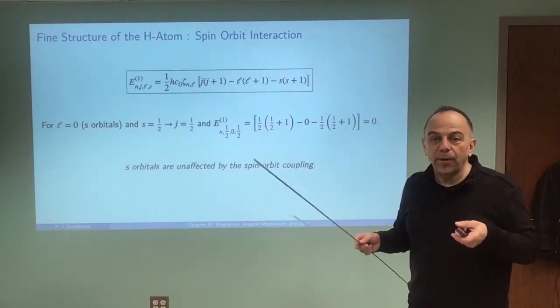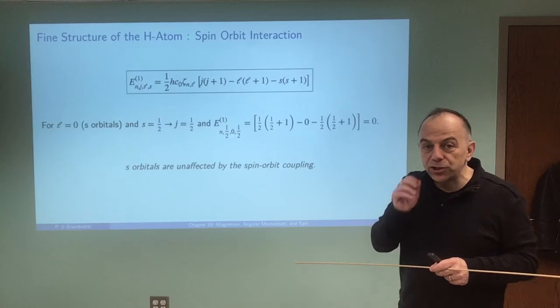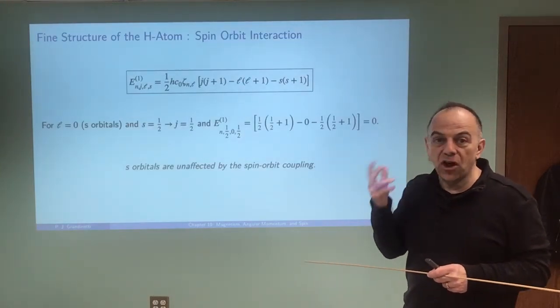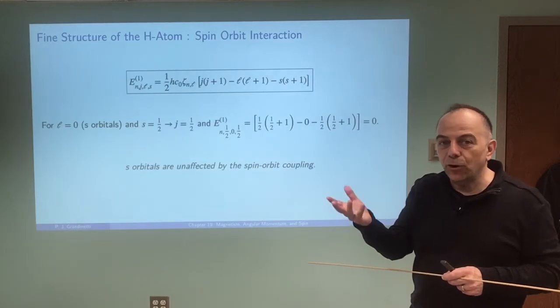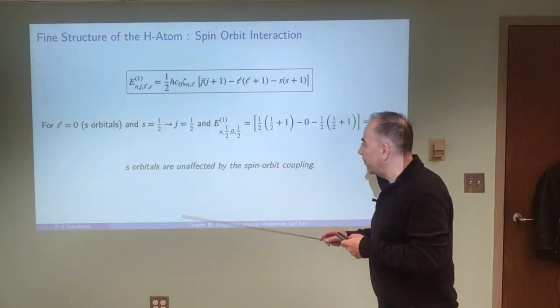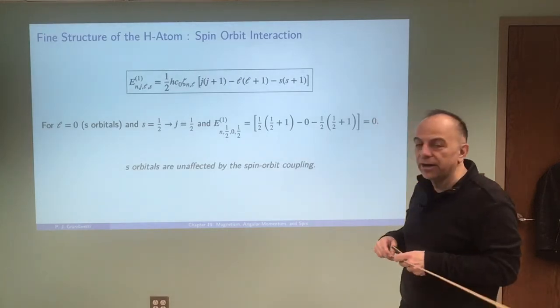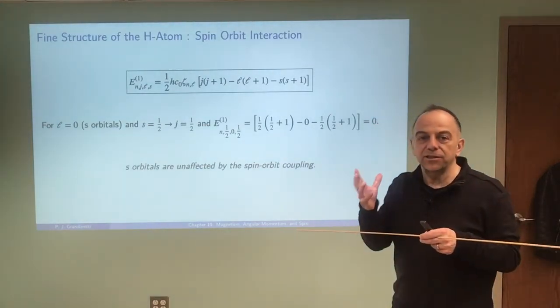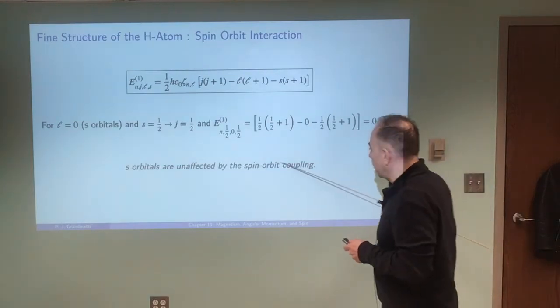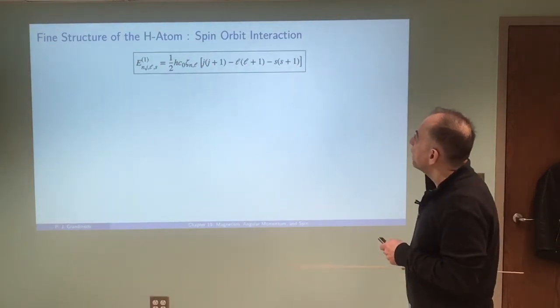And that should make perfectly good sense because an s orbital has no orbital angular momentum. So the electron is not going to couple to the orbital angular momentum if there is no orbital angular momentum. So for an s electron, then the nucleus doesn't look like it's orbiting around it at all. It's just fixed. So there is no spin orbit coupling.